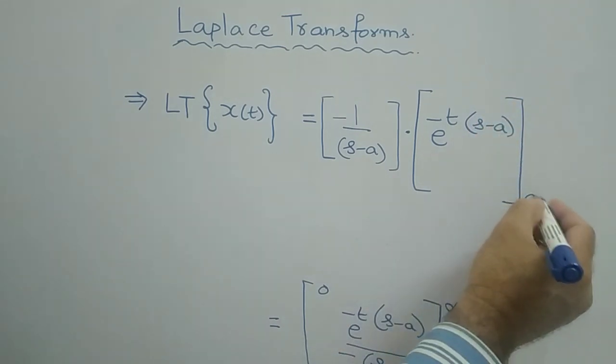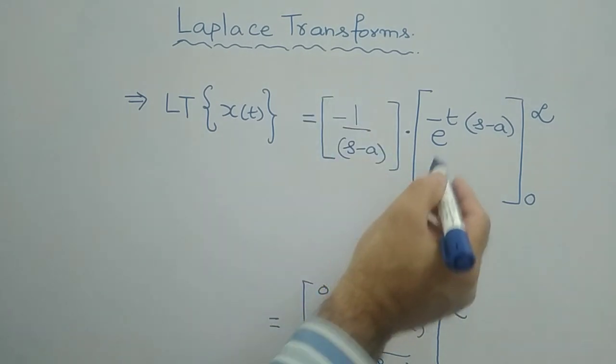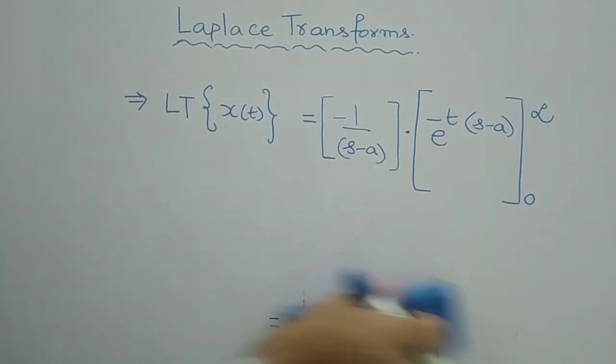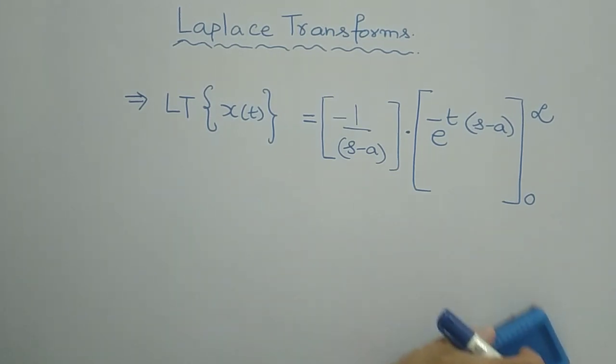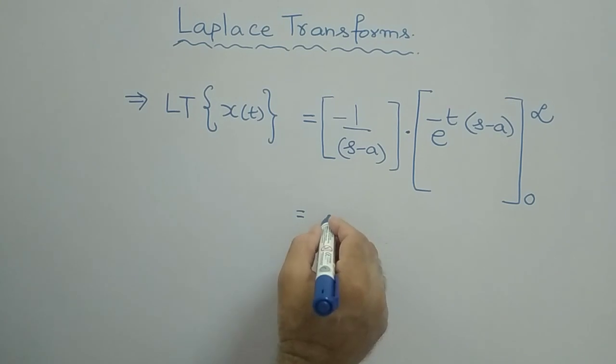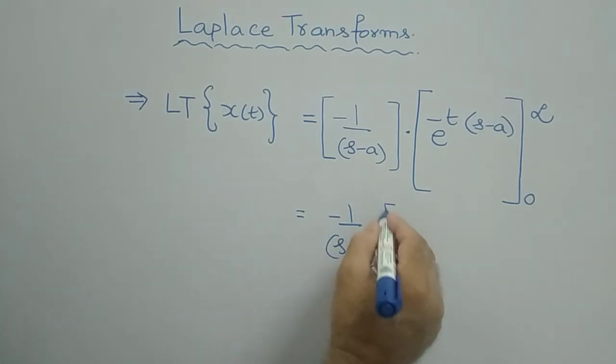In this, substitute 0 to infinity, because this is constant actually. Wherever t is there, substitute the limits: upper limit as infinity, lower limit as 0. Then this becomes minus 1 by (s-a). Clear?